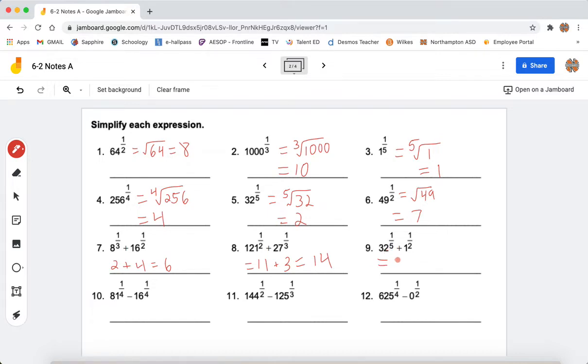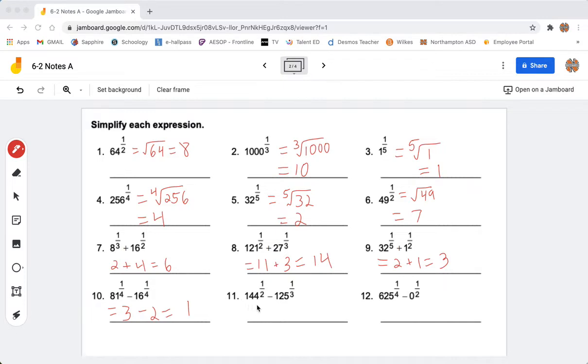32 to the 1/5 is 2. 1 to the 1/2 is just 1. That's the square root of 1. So 2 plus 1 is 3. Fourth root of 81 is 3. 16 to the 1/4 is 2. The fourth root of 16 is 2, so 3 minus 2 is 1.